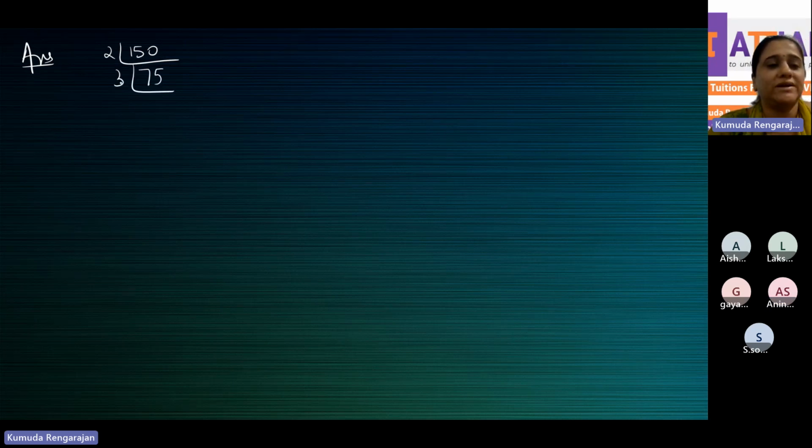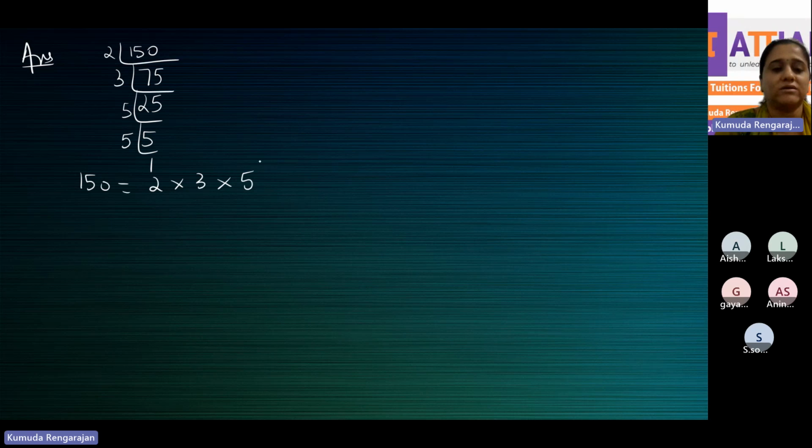Then 3 twos are 6. So let me just finish this process. So 275 times 3, 25 times, correct? 5 fives are 25. So 150 can be expressed as 2 into 3 into 5 square.